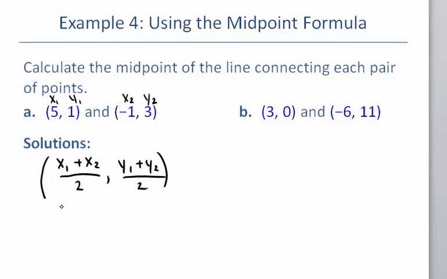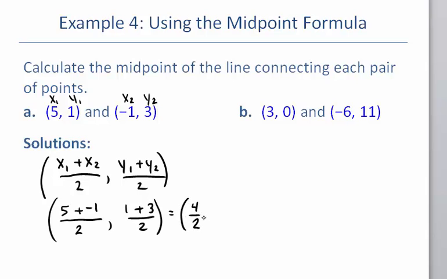Plugging these into the formula, we will have 5 plus negative 1 over 2 for the x, and 1 plus 3 over 2 for the y. Adding on the numerator, we have 5 plus negative 1 is 4 over 2, and 1 plus 3 is also 4 over 2. And so our midpoint will be the coordinate 2, 2.